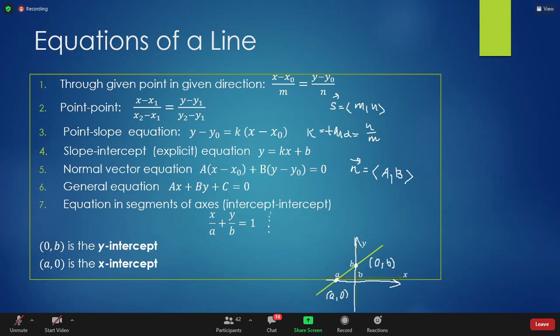Later on, when we talk about ellipse, hyperbola, parabola, A and B will still have the same meanings. B will be on the y-axis and A will be on the x-axis. This is something that will stay throughout our analytic geometry in the plane.